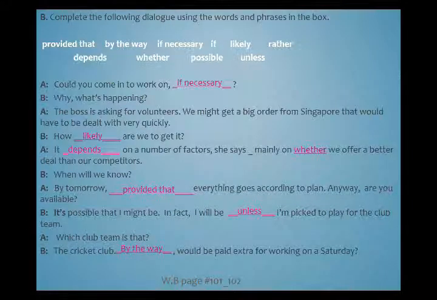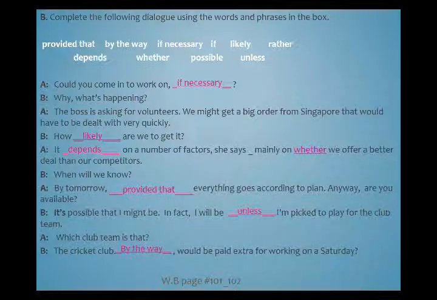Now we are having: complete the following dialogue using the words and phrases in the box. We have the dialogue and we have to use the words and phrases in the box. Number one, A: Could you come into work on Saturday if necessary? B: Why, what's happening? A: The boss is asking for volunteers.